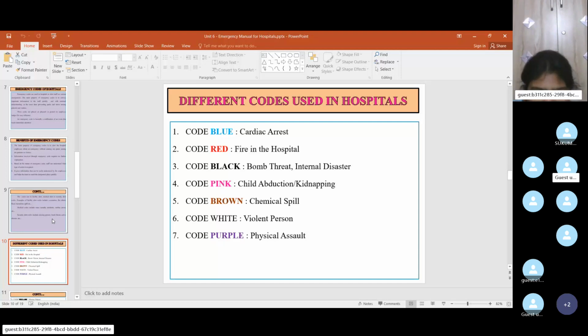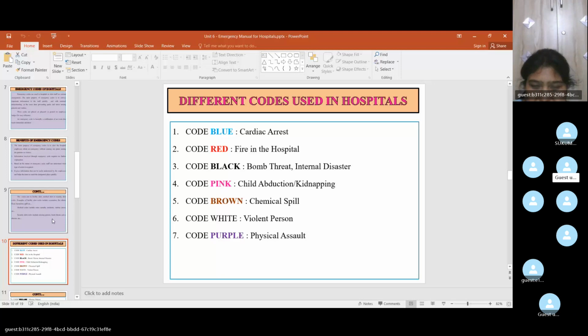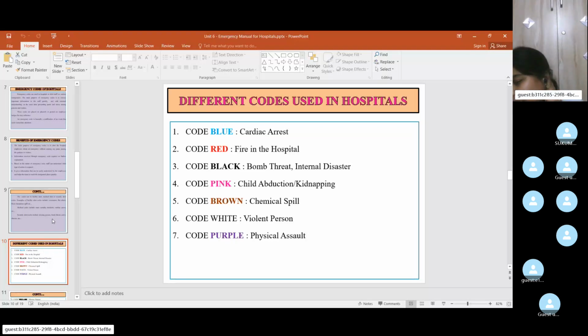RACE means rescue, alarm, confine, and evacuate or extinguish. R is rescue, A is alarm, C is confine, and E is extinguish or evacuate.